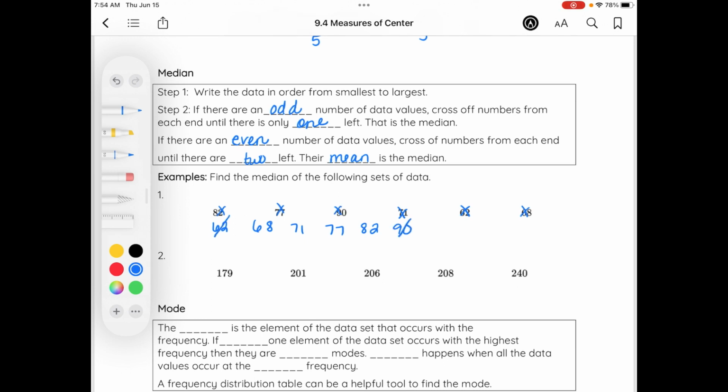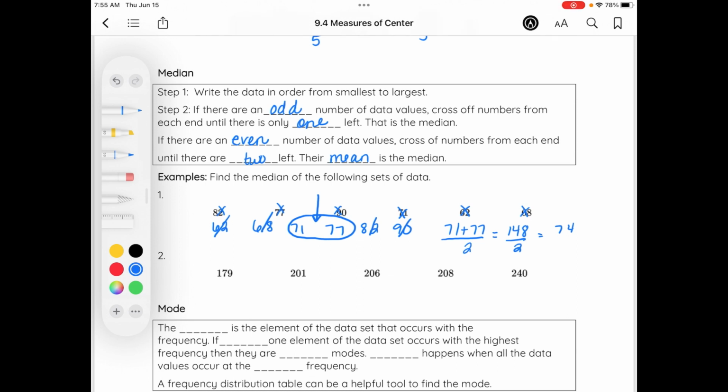Now I cross off one number from each end until I reach the middle. Because I had an even number of data values, I have 2 in the middle. So in order to find the median, I'm going to find the average, or the mean, between these 2 numbers. When I add them together and divide by 2, I end up with 74, which makes sense because the median would have to be in between these 2 values.